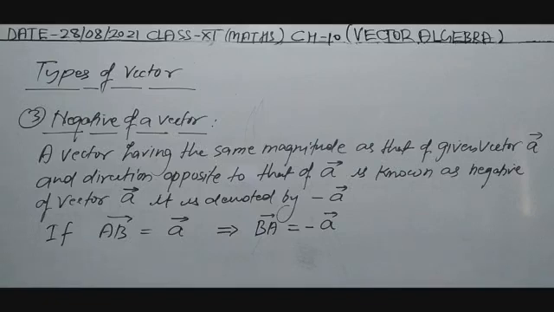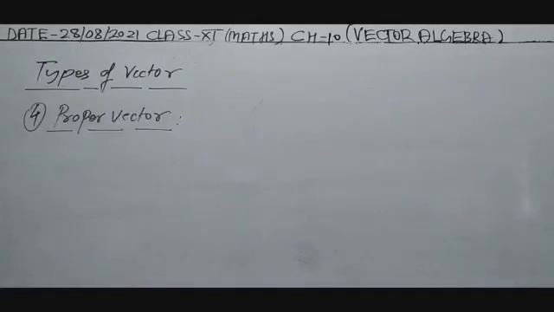Now come to the next definition. The next definition is proper vector. The fourth definition is proper vector. What is proper vector?